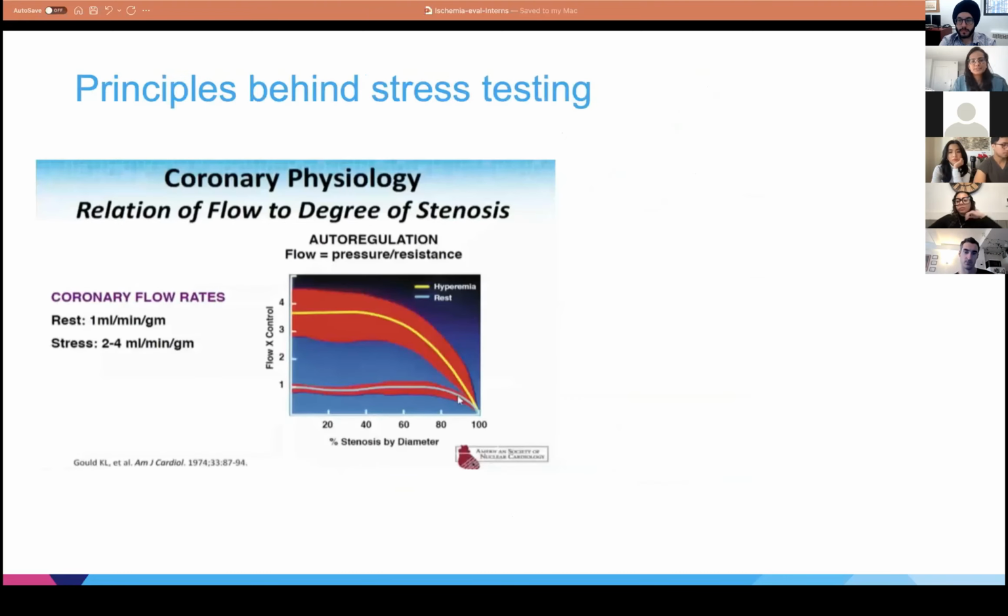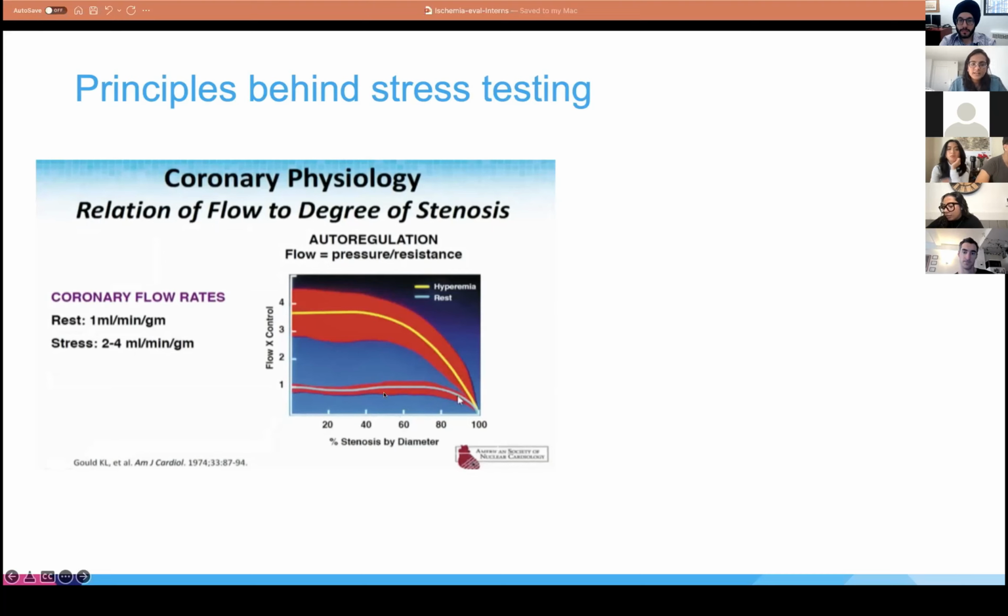So what happens when you have a blockage in your coronary artery? At rest, when the demand of the heart is not high, there is a phenomenon called coronary autoregulation.